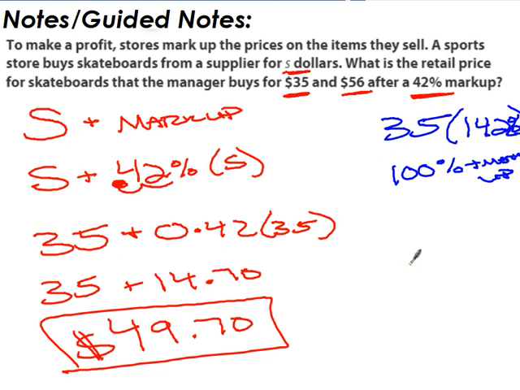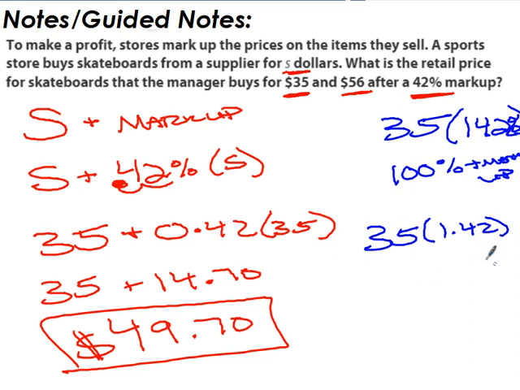multiplication problem. So if I need to do whatever 142% of 35 is, I'm really doing 1.42 times 35. And this is going to tell me what my new cost is. This is already adding the original 35. This is 100% right here, and I'm adding the 42%. This is just doing it all at once.